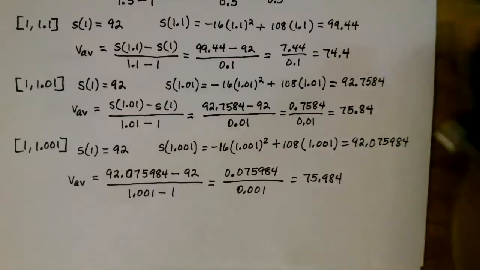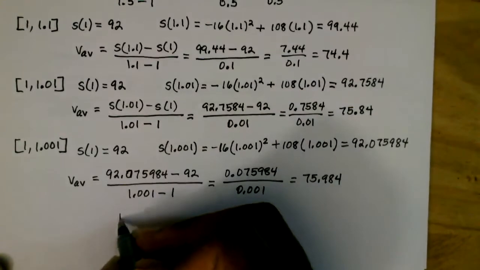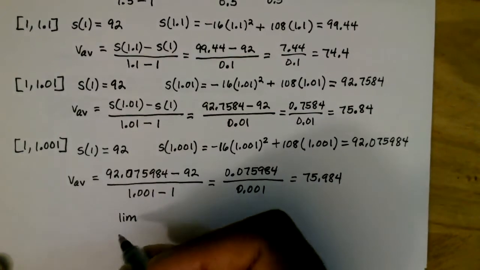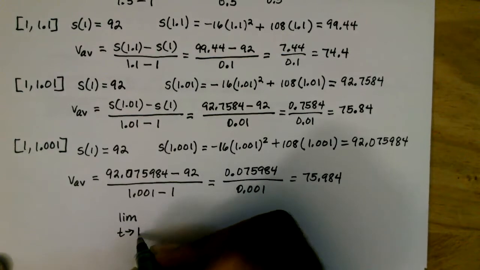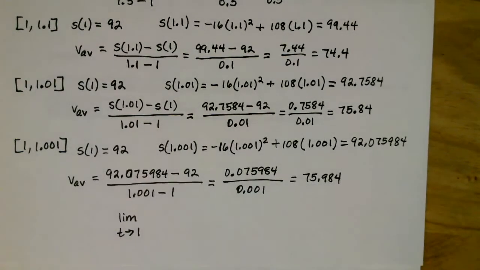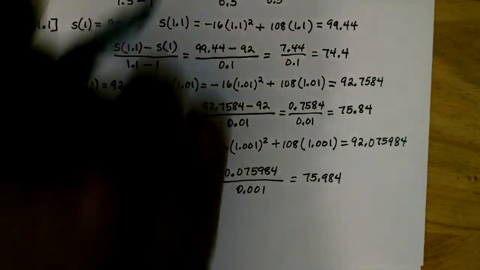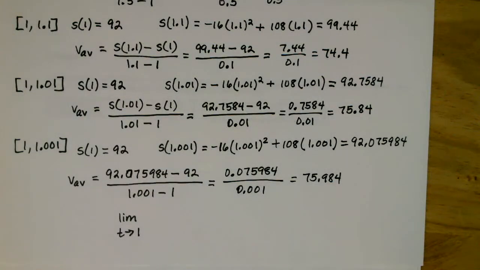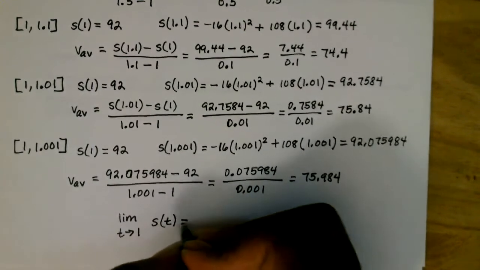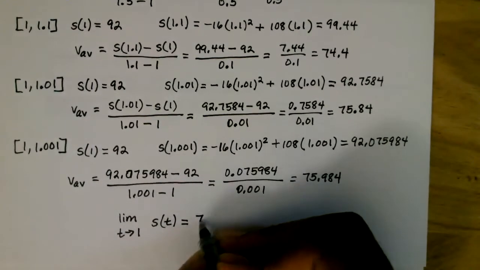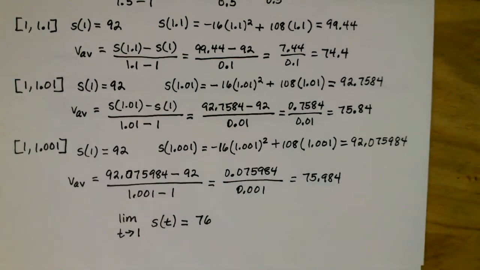So this is what the limit is. And this is how we write the limit, L-I-M, as t approaches 1, because those second numbers in the interval will be getting closer and closer to 1, of the function s of t, that's going to equal 76.